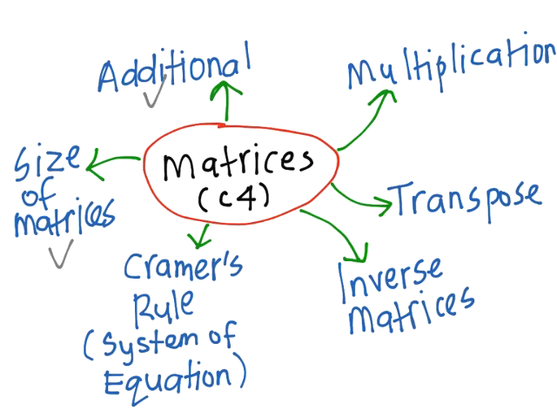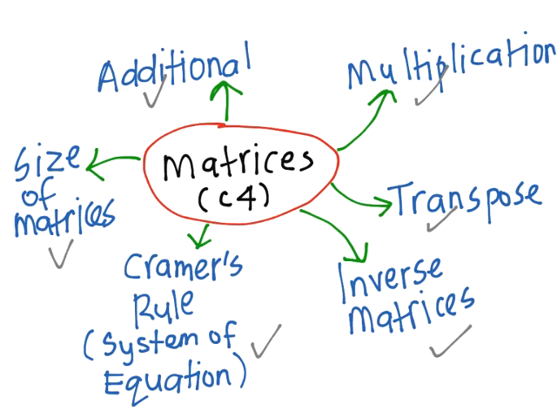The third is to apply the multiplication operation on the matrices. The fourth subtopic is about transpose matrices and inverse matrices, and the last one is how to solve a system of equations using Cramer's rule, which is for the inverse matrices.